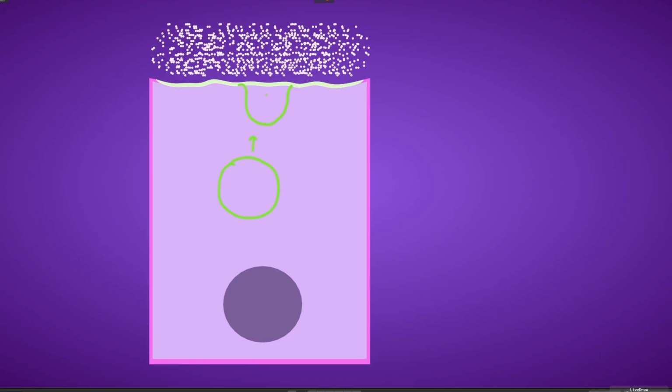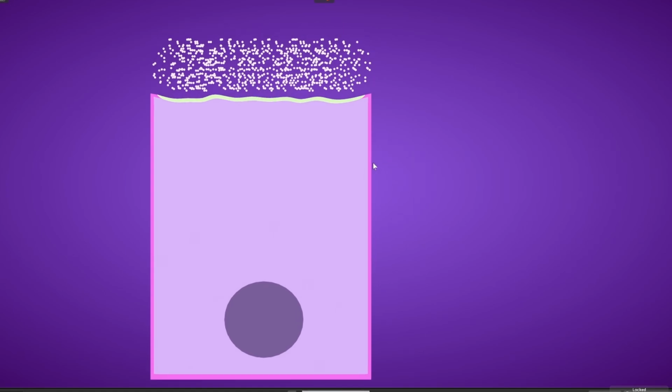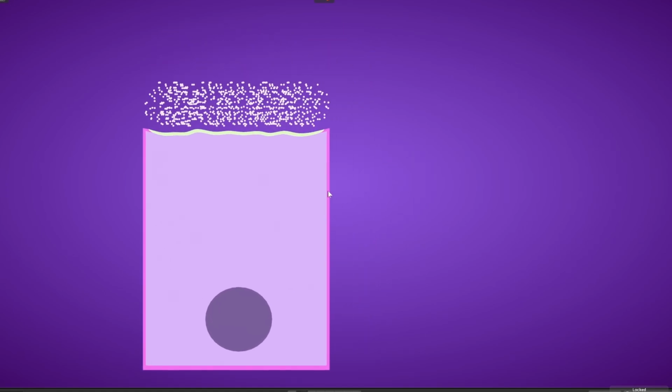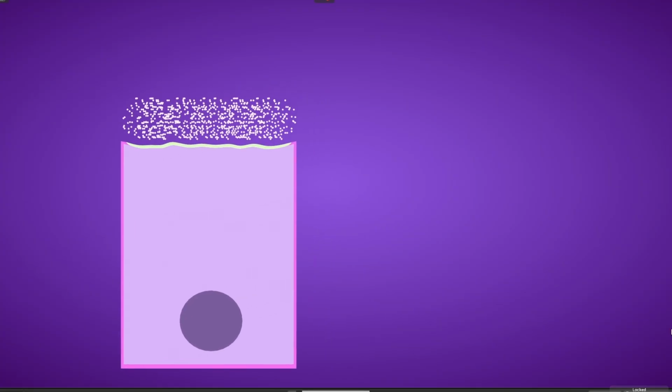So as it fused with the cell membrane, the secretory products were poured outside. So this process is called exocytosis. And this mode of secretion of the secretory product by a gland is called merocrine secretion.